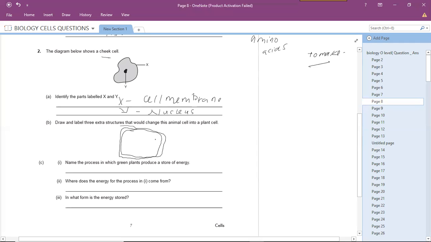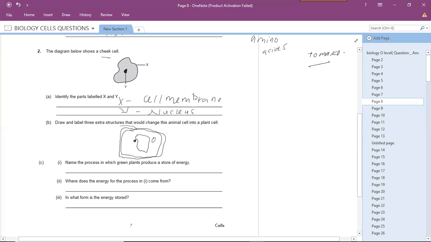The next thing is a large centrally located vacuole, a very large vacuole. Then the third thing that we're going to draw is a chloroplast.